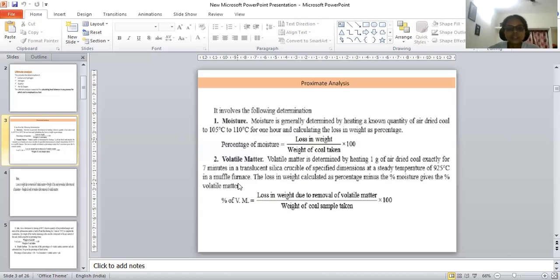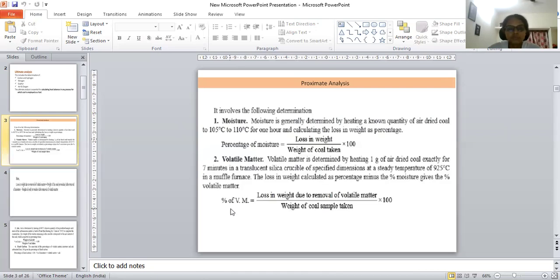Here we have to take 1 gram of coal sample in a silica crucible that should be heated at about 925 degrees centigrade in a muffle furnace. The loss in weight is calculated as a percentage, and subtracting the percentage of moisture gives the percentage of volatile matter.